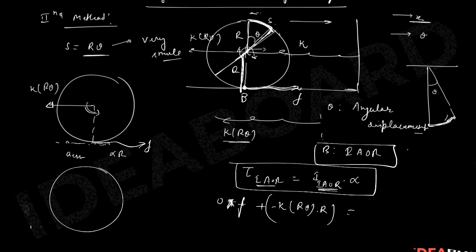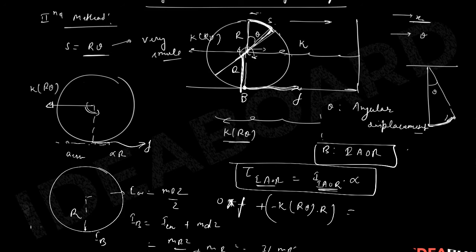And for I_IAOR, of course moment of inertia about this point. We know that the solid sphere's moment of inertia about center of mass is mr square by 2. So moment of inertia about IAOR, or B, using the parallel axis theorem, is I_CM plus m d square. Here I_CM is mr square by 2, this is mr square, so this is 3 by 2 mr square.